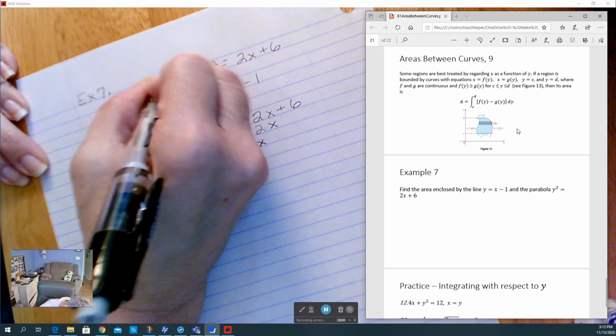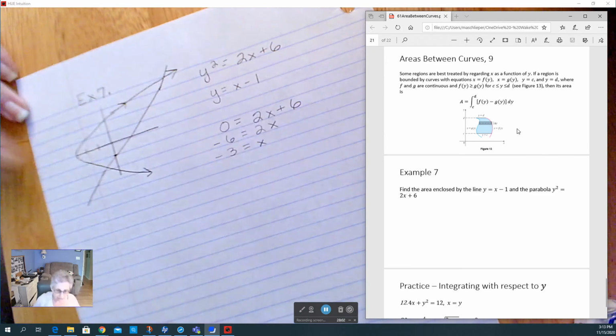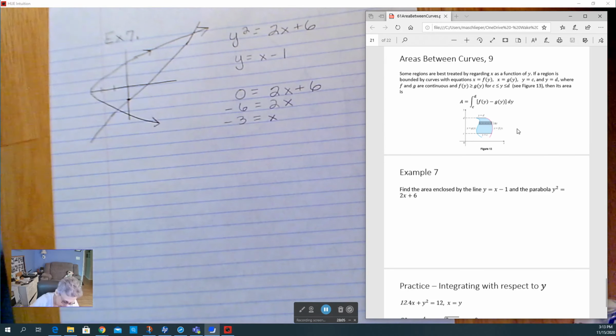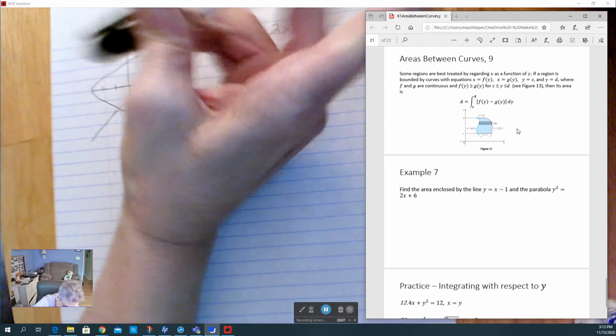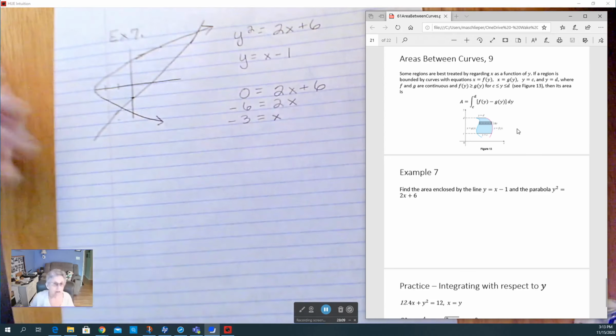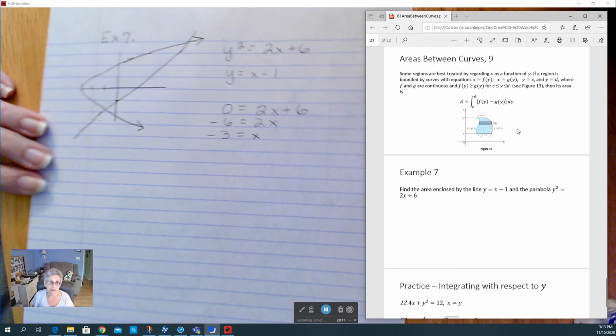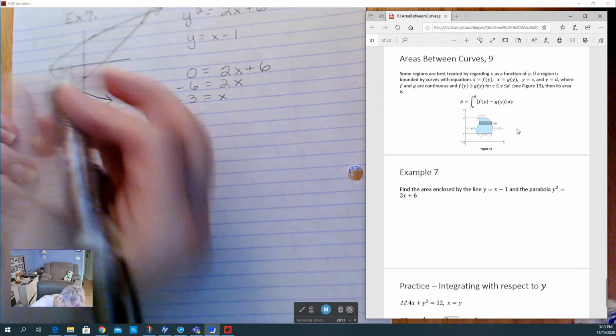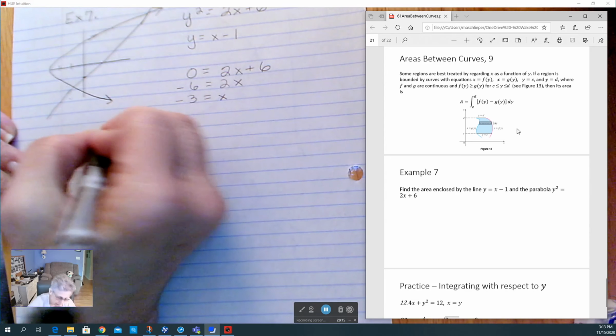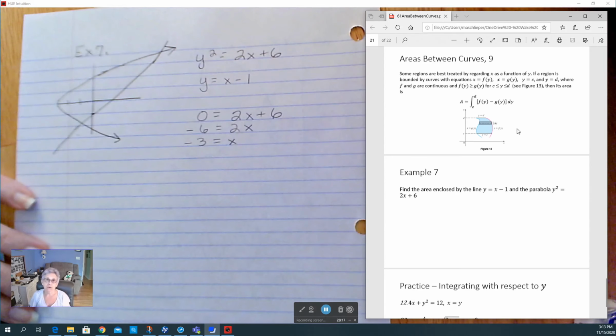And I need to find where they cross. Certainly cannot tell from my less than beautiful picture. So we'll set them equal to one another. Now we have to solve them for x and set that equal to one another, because we are going to integrate with respect to y. Why, you ask, do I want to integrate with respect to y?